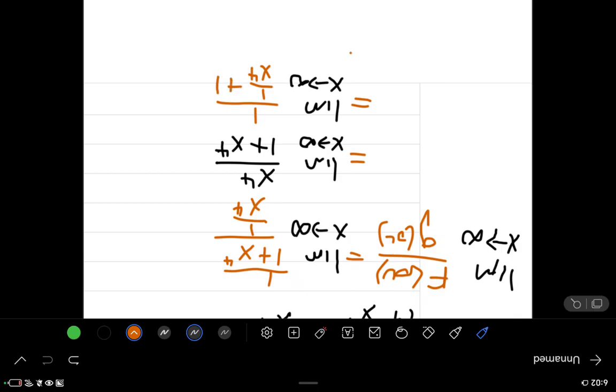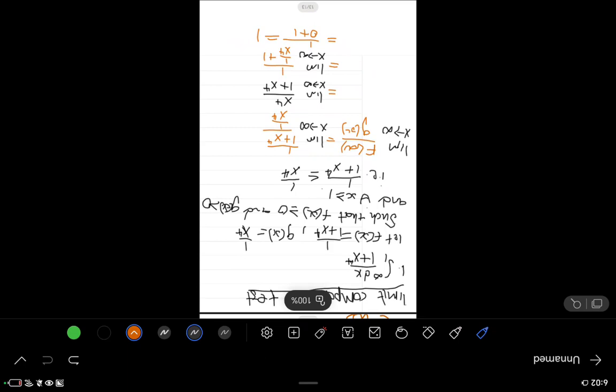And this would be 1 over 0 plus 1, which would be what? 1. Do you agree with me there? Guys, do you agree with me? Yes. So this is the limit comparison test.